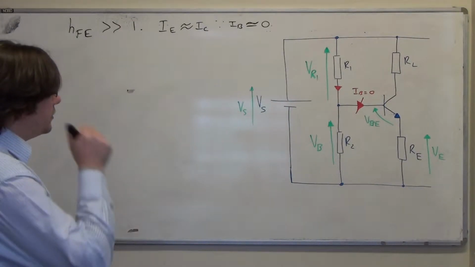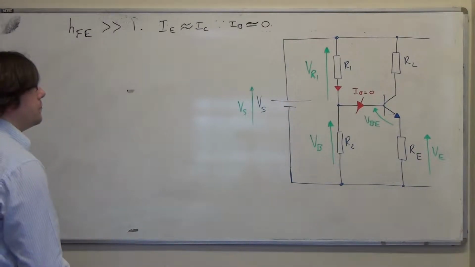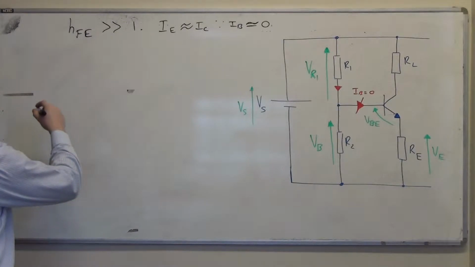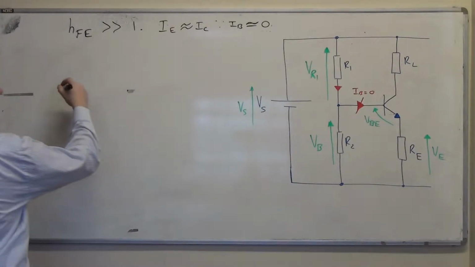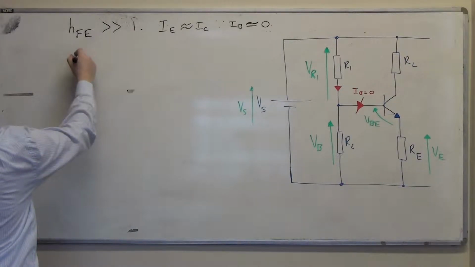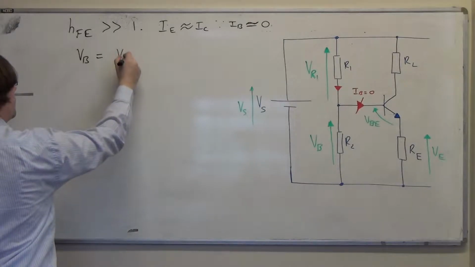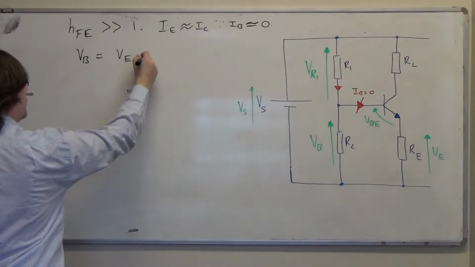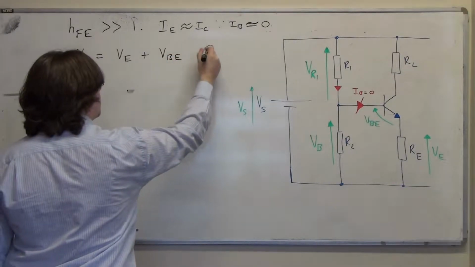So now we need to write out some equations for these voltage loops that we've written down. And we'll start off with the VB and VE loop. So we'll have VB is equal to VE plus VBE, and we'll call that 1.